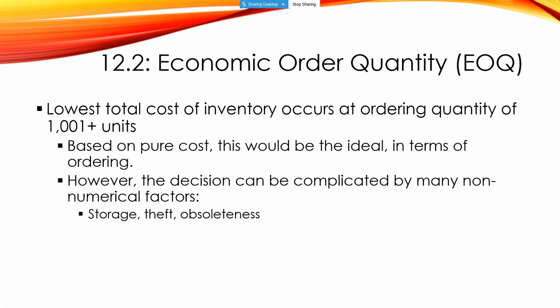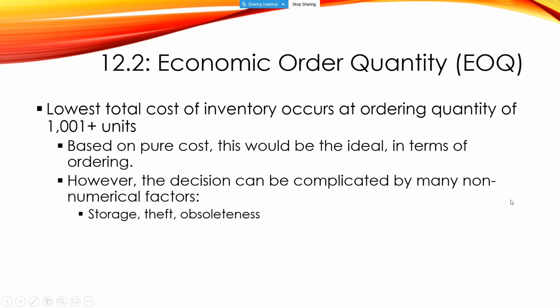You're gonna have to possibly build additional warehouses to store these items, which need personnel assigned to them, additional costs there. Would need security systems, additional costs there. Having a lot of inventory sitting around could be an invitation to have theft occur. Well, a lot of things for management to consider.